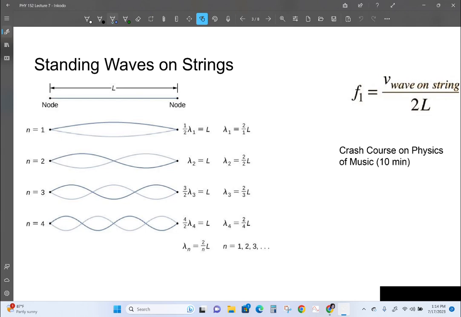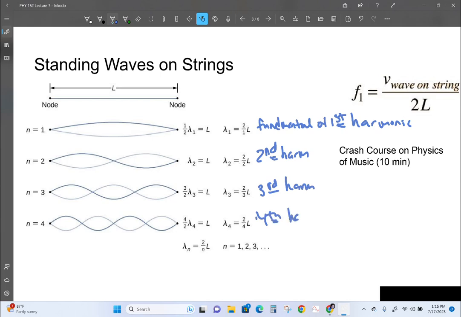This is the fundamental, or first harmonic, and this is the second harmonic, the third harmonic, the fourth harmonic, and so forth.